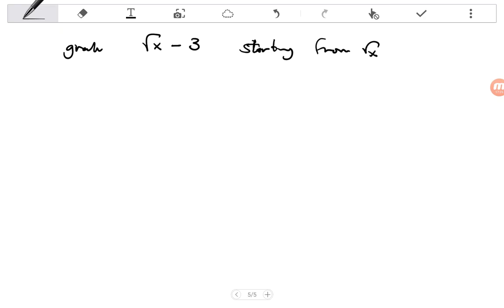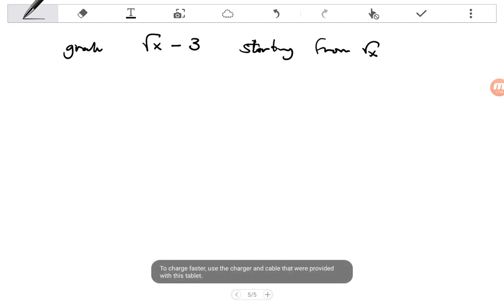Now I need you to make this graph. Yes, correct.